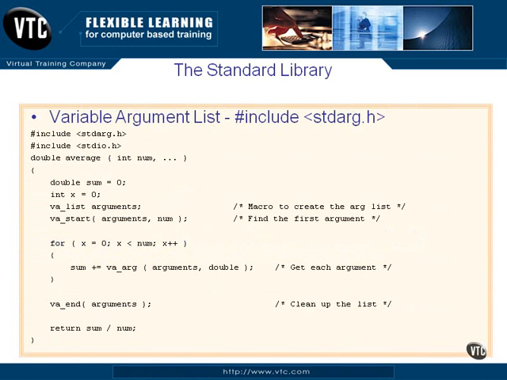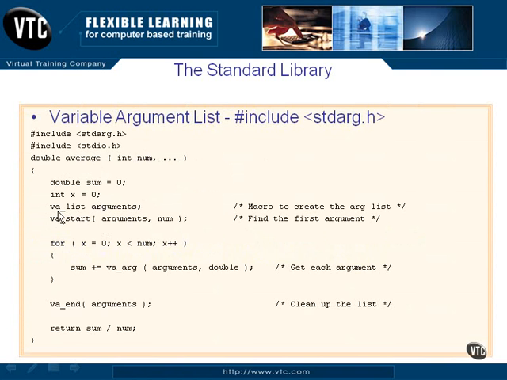We already looked at the standard arg header, stdarg.h, earlier. Remember that that was to produce a variable argument list, and in our little function here, which was called average, we receive a number, which is how many parameters there will be, and then the ellipsis says that there is an unknown or variable number of arguments.